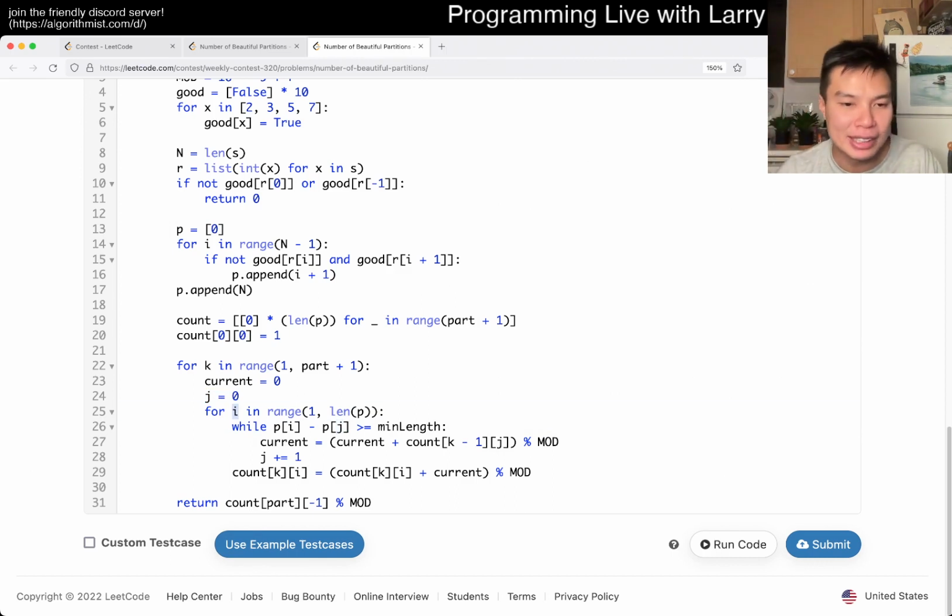Every time we increase i, we ask, for this j, how much more do we add? Because the sum from count of k minus 1 up to the previous j doesn't change as i gets bigger, except that you need to add in the pieces in the middle. So that's basically the idea.